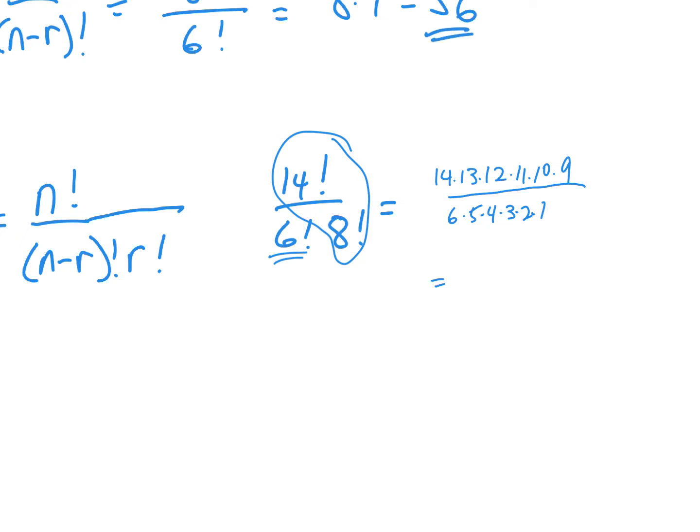So that will equal, canceling, we'll get 7 times 13 times 11 times 3 is 3003.